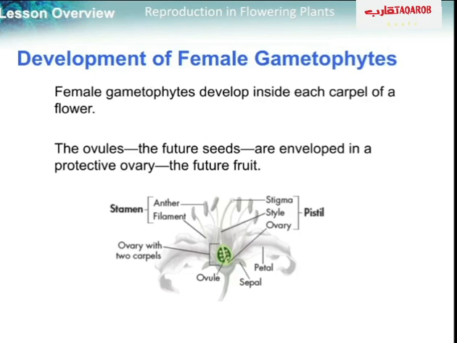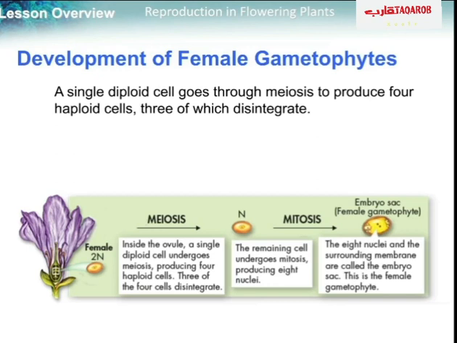Now let's check the female gametophyte development. The female gametophyte develops inside each carpel of the flower, and the ovules, which will be the future seeds, are enveloped in a protective ovary, the future fruit.